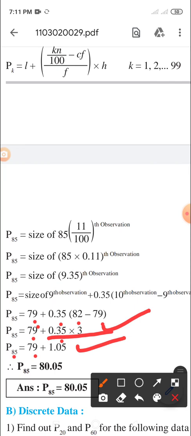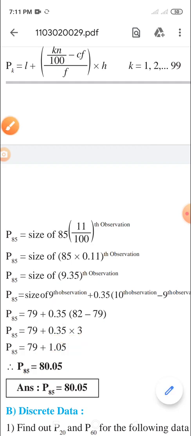So P85 is equal to 79 plus 1.05, that is 80.05. That is our answer.